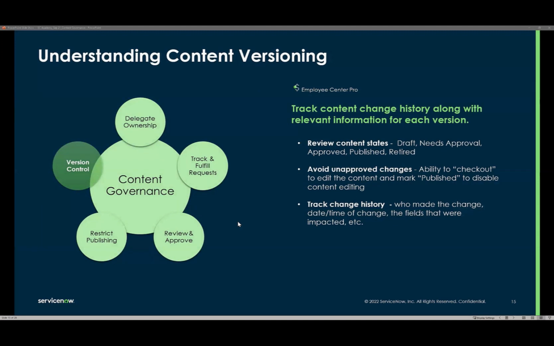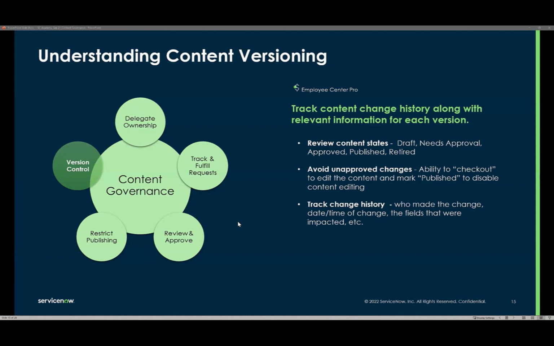Now, last but not the least is the version control. And if you have been tracking our releases, we recently added a new component to manage versions for communication content. And this includes reviewing the entire content states, like whether it's in draft, it's in approval state, is it published, is it retired? And the whole ability to check out and move a published article before it is edited.